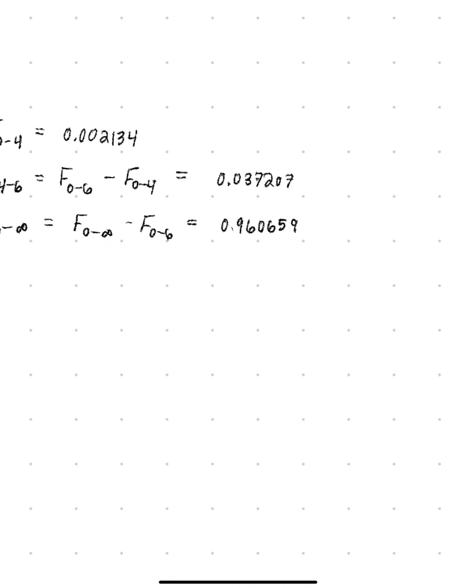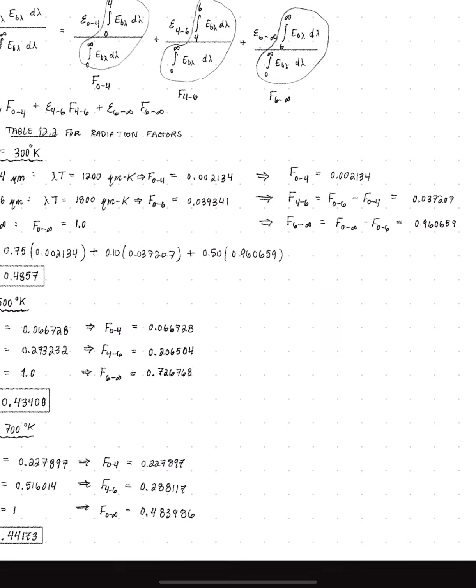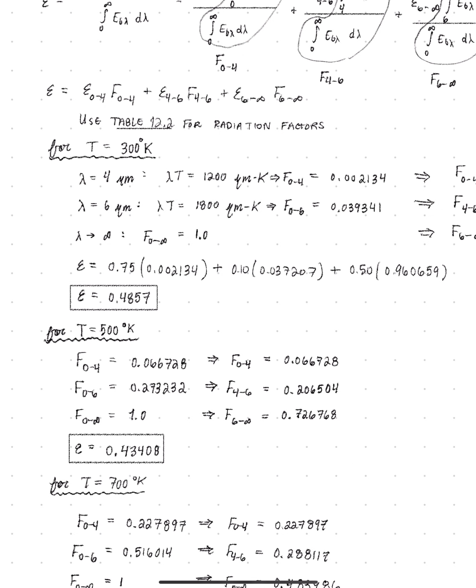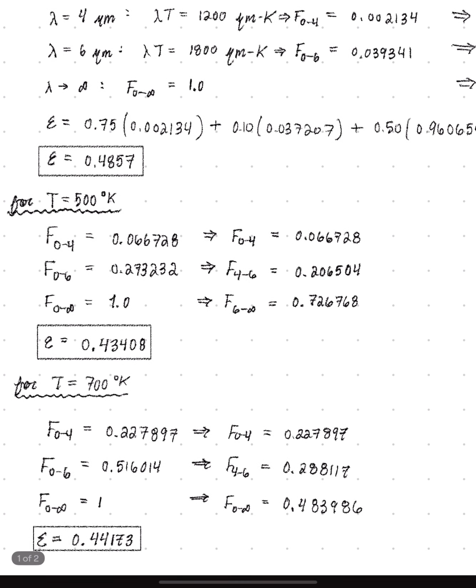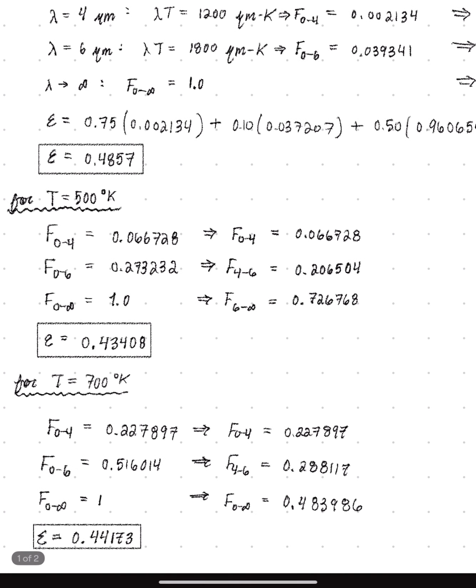And that gets us to a factor of 0.961 almost. And we're able to plug that into this relationship above here to get our final emissivity of 0.4857 at a temperature of 300 Kelvin.